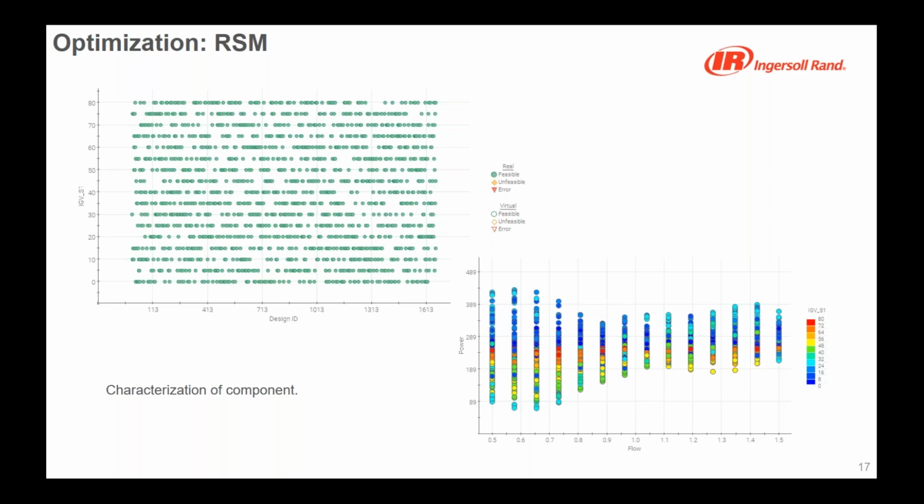So on the top left graph, you see how many points for how many different IGV angles are included in these 1,665 cases.